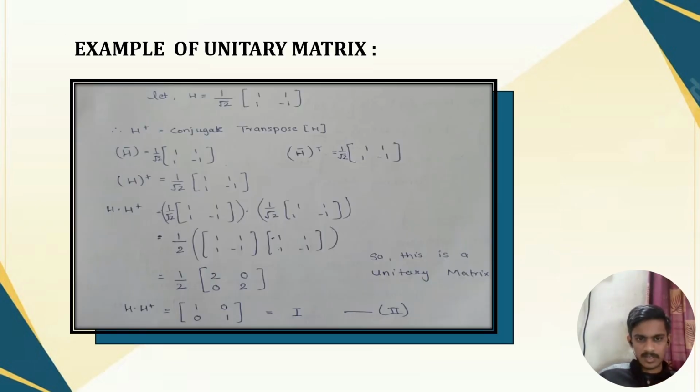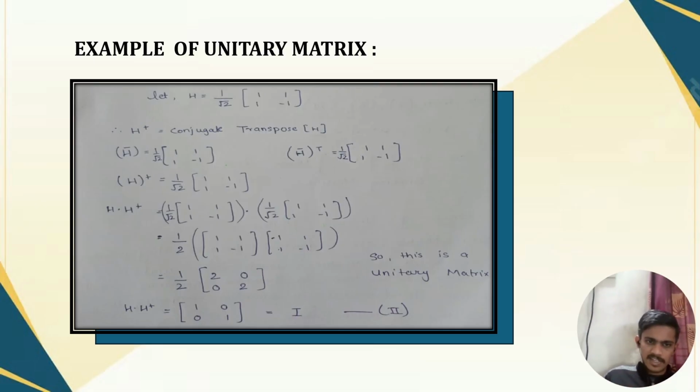So we will here take one example. Let H matrix equal to 1 by root 2 and a 2 cross 2 matrix 1 1 1 minus 1. So we have to calculate H dagger, which is equal to the conjugate transpose of H. So here the conjugate of H is equal to 1 by root 2 1 1 1 minus 1, and the transposed conjugate of H will also become 1 by root 2 1 1 1 minus 1.